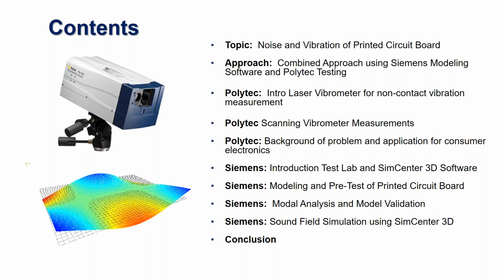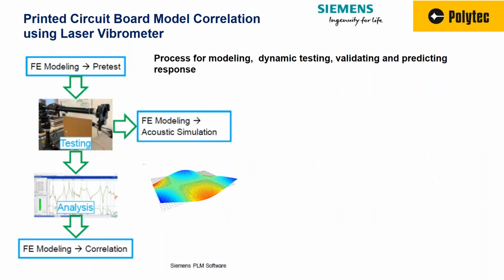I'm going to talk about laser vibrometry and how we do the test of vibration on this, and a little bit of background of why this test is important for electronics, for acoustics. Then I'll talk about our scanning vibrometer, and Bill will talk about the modeling, modal analysis, model validation, and some sound field simulations that he can actually do with the model.